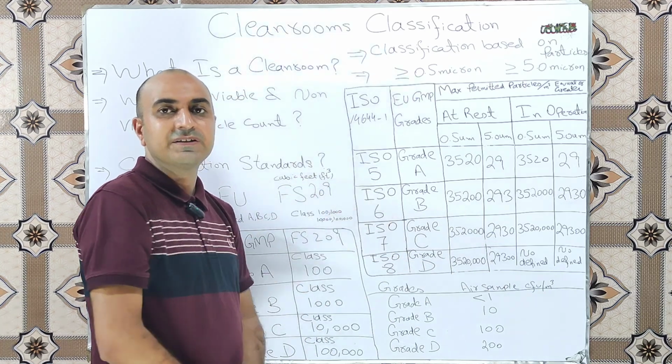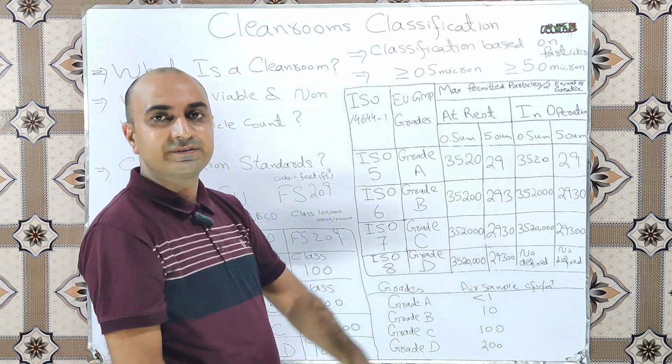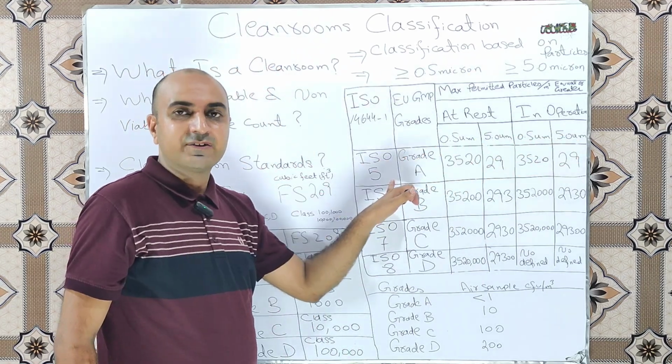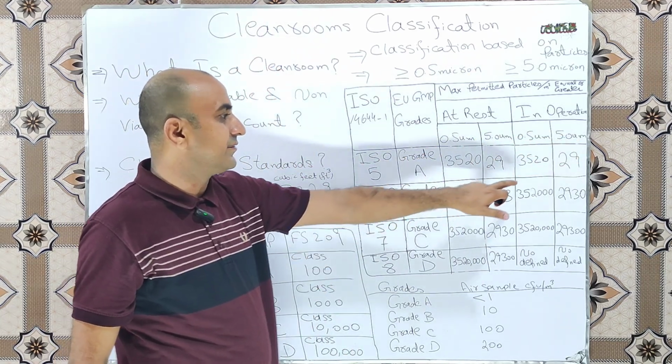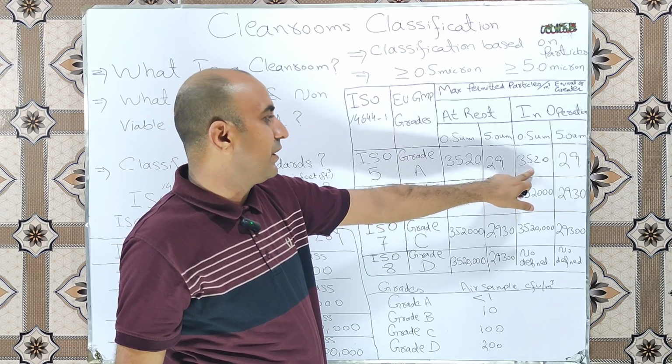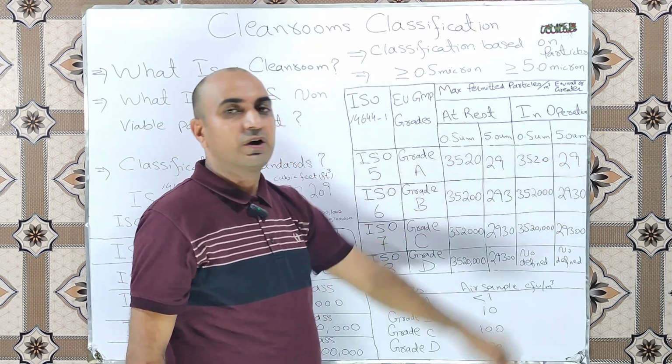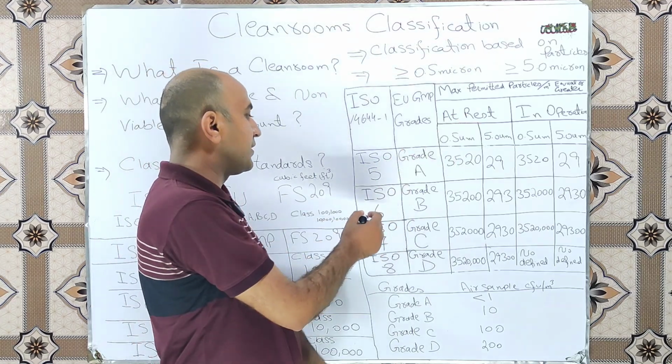Now in operation, the allowable limits of particles equal to or greater than 0.5 and 5 micron for ISO 5 or grade A are 3,520, and for 5 micron they are 29.